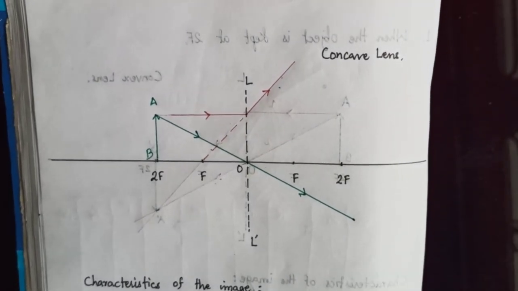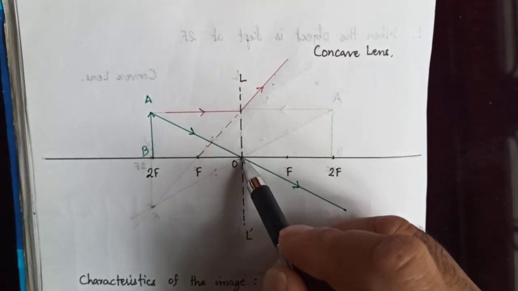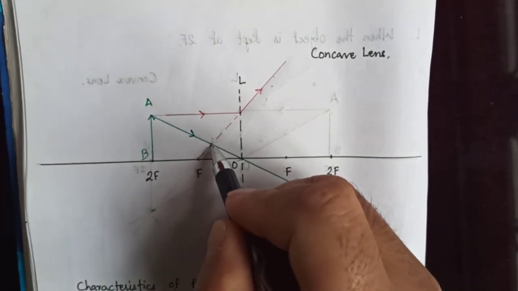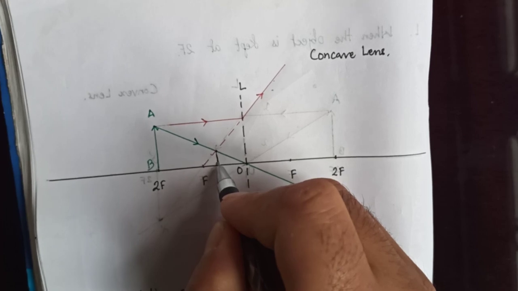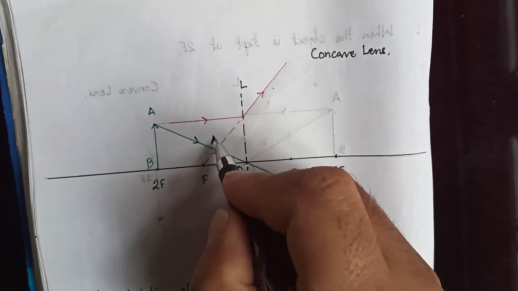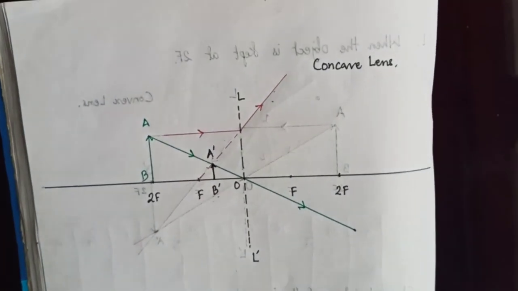So that is why we produce them in the backward direction like this. When they are produced in the backward direction, they appear to meet here. So the image is formed here. This is A dash B dash, which is the image of AB.